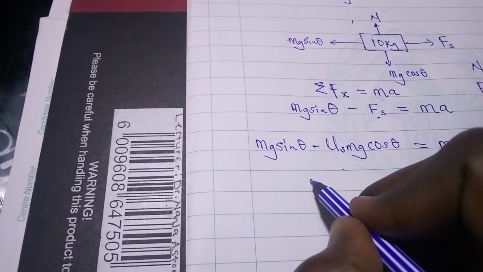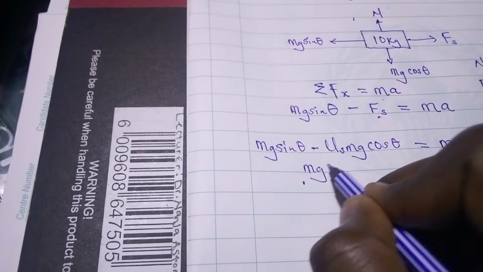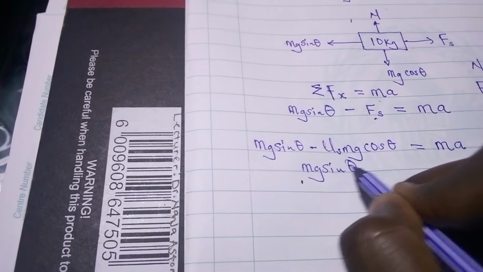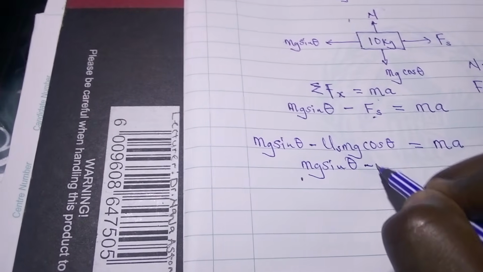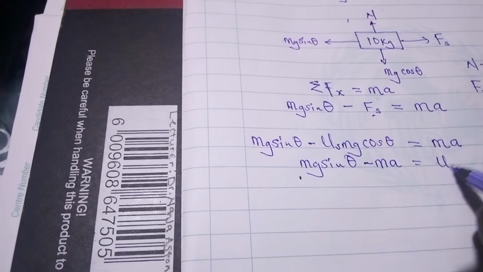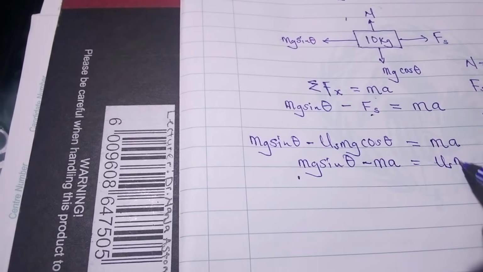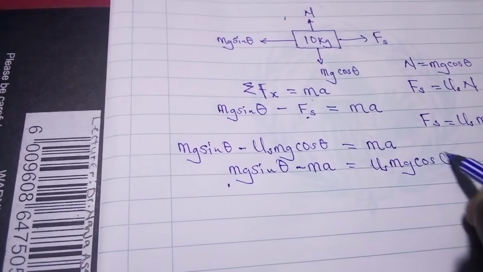From there we make mu s the subject of the formula. mg sin theta minus ma crosses the equal sign, so ma becomes negative, and it is equal to positive mu s mg cos theta.